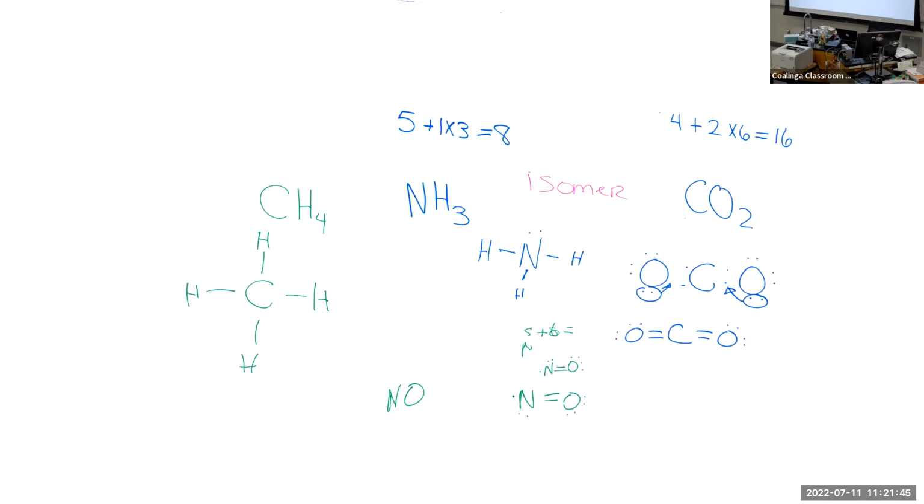Okay, isomer basically means same formula, different chemical structure. Chapter 13. So isomer: same chemical formula, different chemical structure.